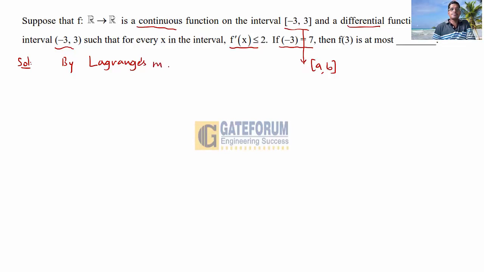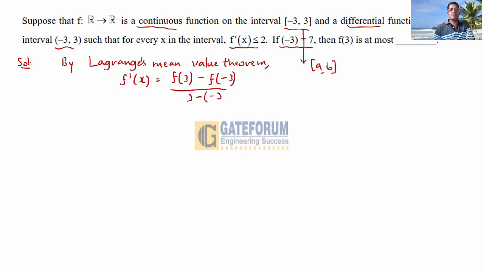Lagrange's mean value theorem: f dash x equal to f of b minus f of a, the whole divided by b minus a, where this x is a point belonging to the open interval minus 3 comma 3.